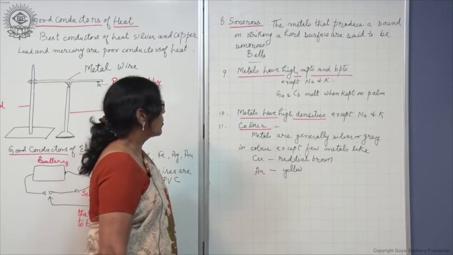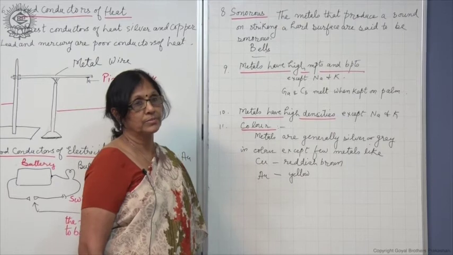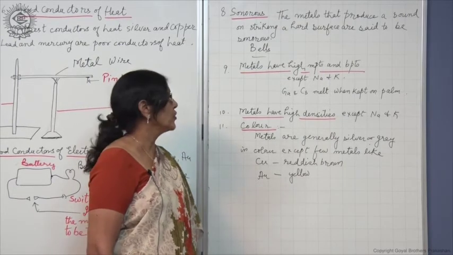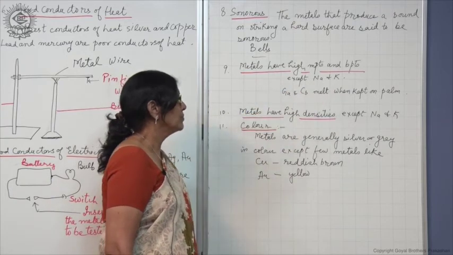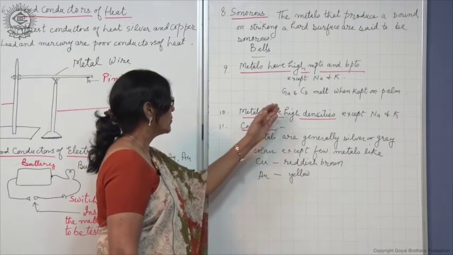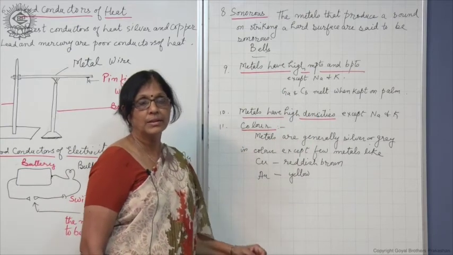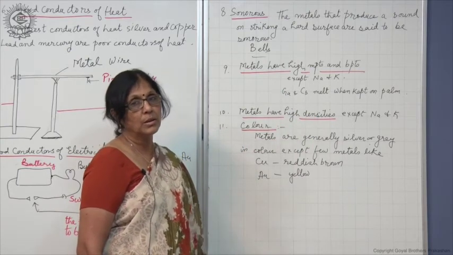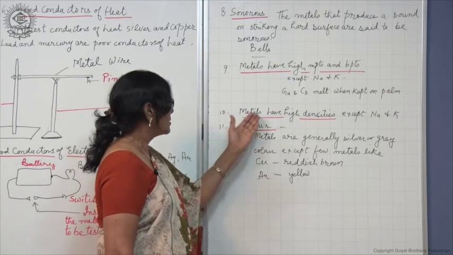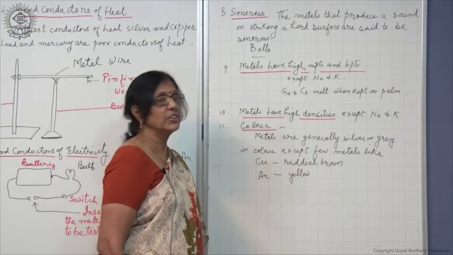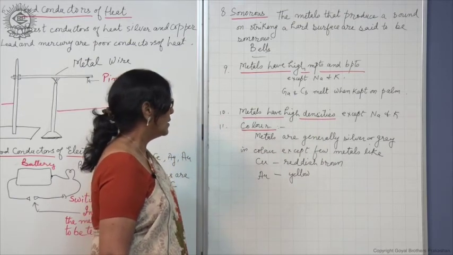Also, another property: metals have very high melting points and boiling points. They melt at very high temperature, except sodium and potassium. Other exceptions are gallium and cesium, which melt on being held in the palm. Metals have very high densities also, except sodium and potassium.